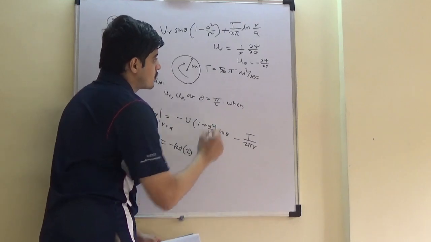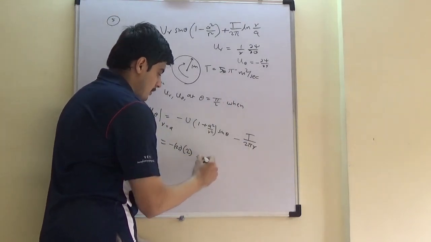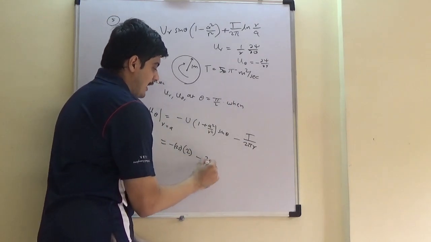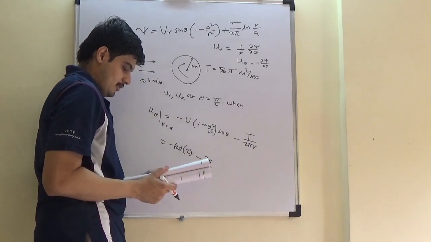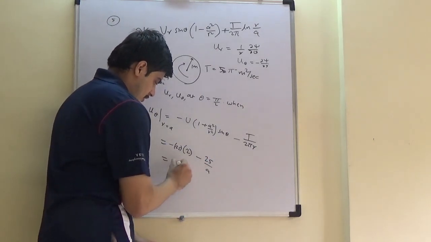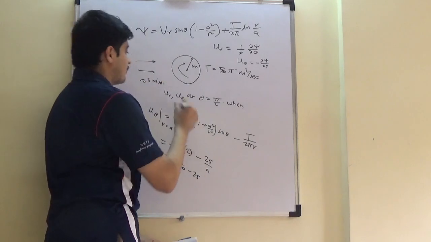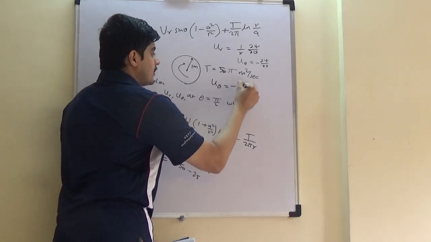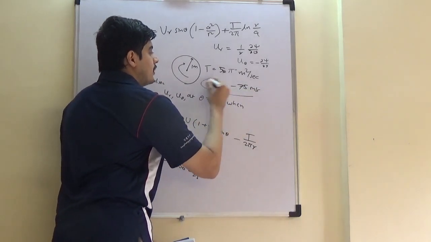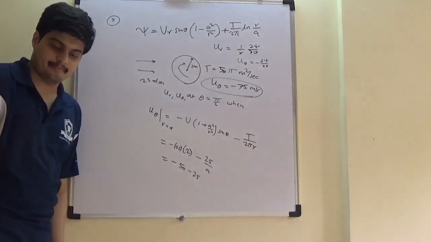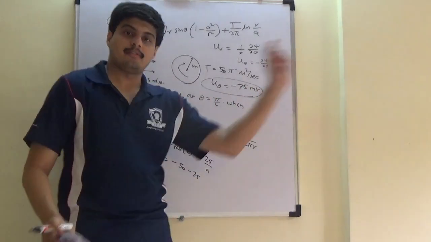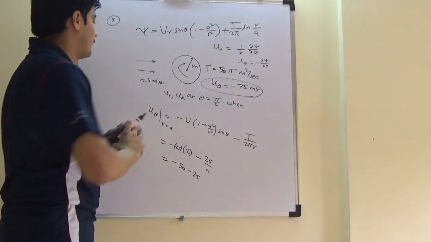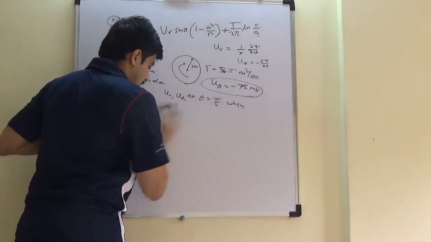Minus circulation is what? 50 pi. So this will become 25 upon pi. Which is 50 minus 25. So U theta is minus 75 meter per second. Make sense? Everything is adding and UR is 0.